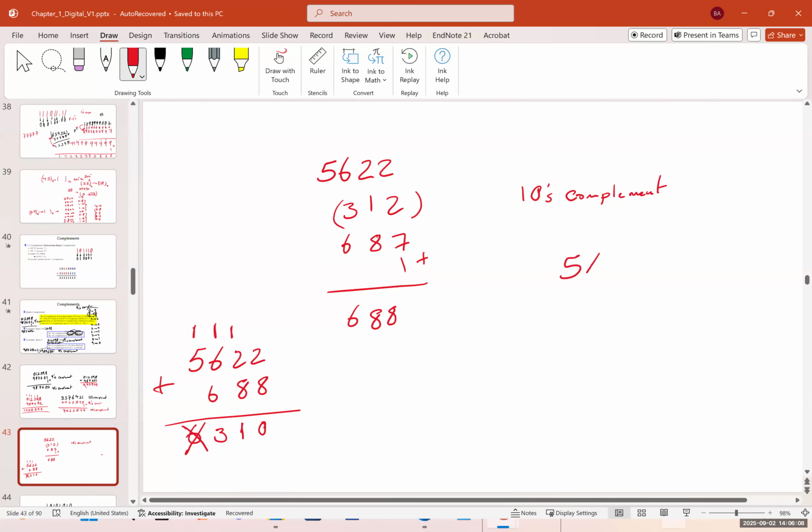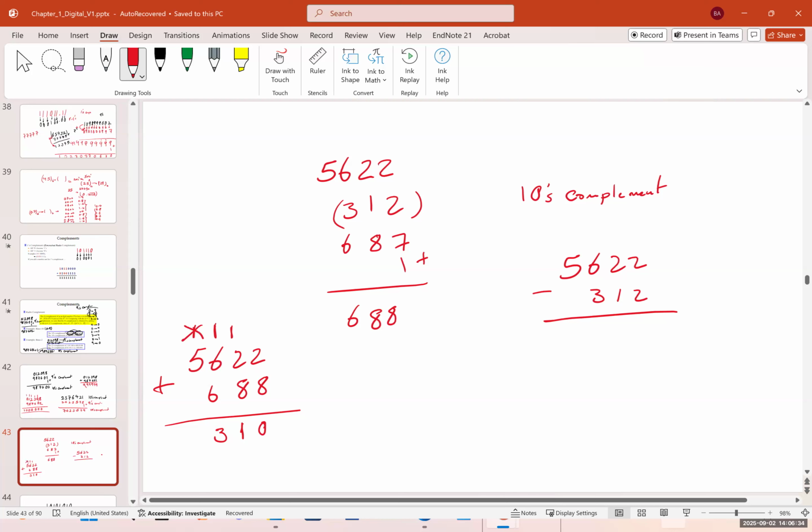Now I want to do this. 5,622, the original number, minus 312, the original number. What would this give us? 5,622 minus 312. What would the answer be? Yes, I'm sorry, I did this.